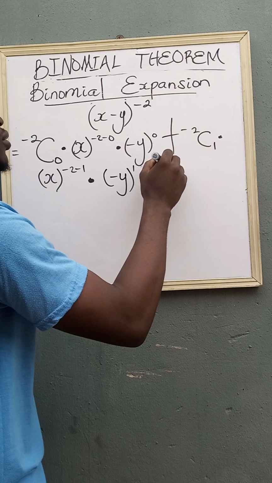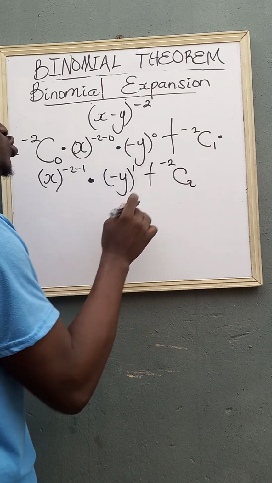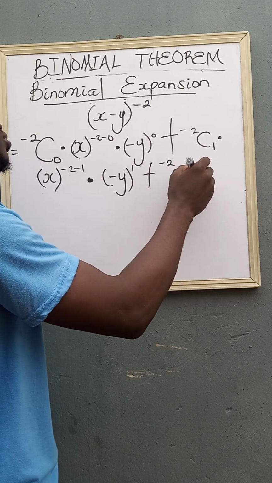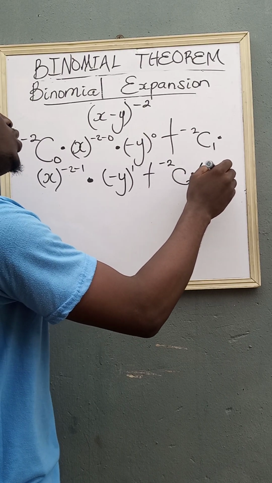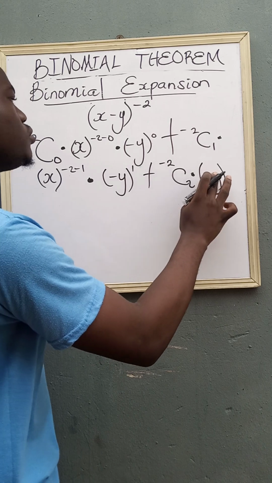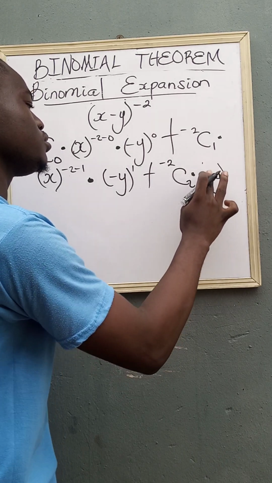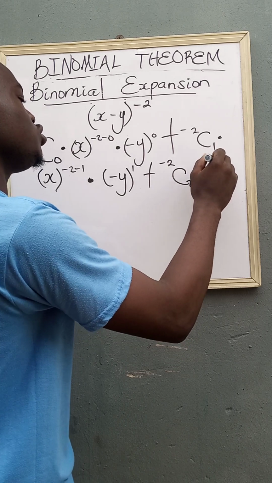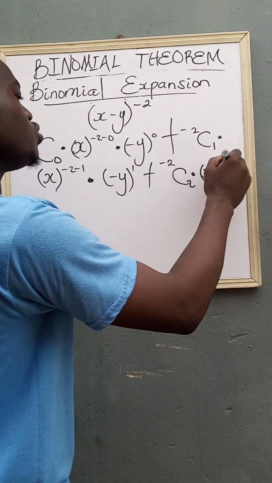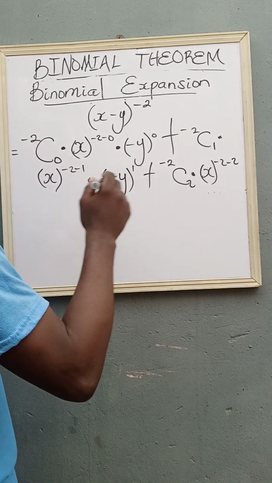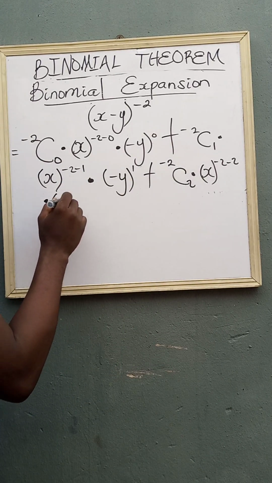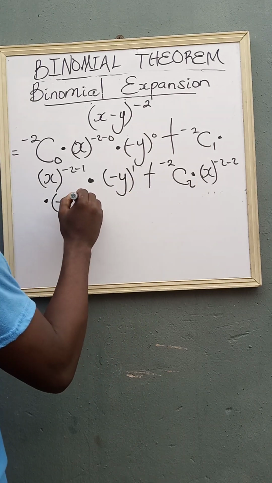Add minus 2 combination 2, multiplied by x raised to the power of minus 2, multiplied by minus y raised to the power of our r, which is 2.